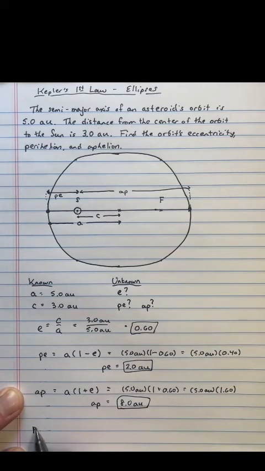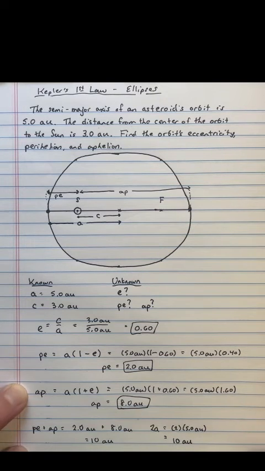So, perihelion plus aphelion is 2 plus 8 AU, which of course equals 10. 2 times the semi-major axis is 2 multiplied by 5 AU, and lo and behold, is also 10. So our answers are confirmed, if you will. We have double checked our answers to make sure that they do work the way they're supposed to work.